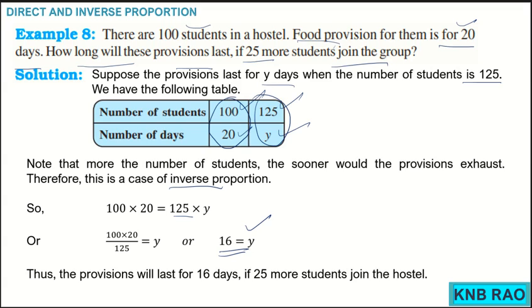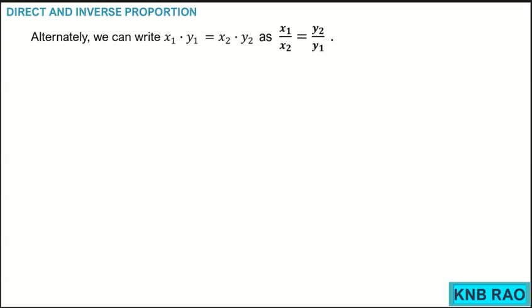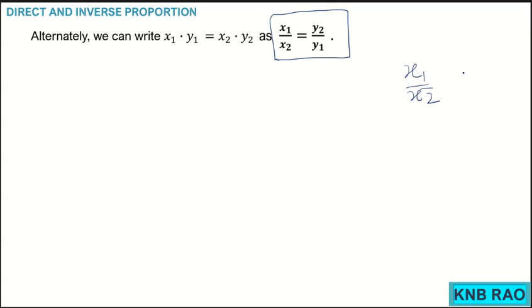Now students, coming to the alternative method. Alternatively, x1 into y1 equals x2 into y2 can also be written as x1 upon x2 equals y2 upon y1. You know, 1 by 2 is the inverse of 2 by 1. So that's how x1 by x2 equals y2 by y1.